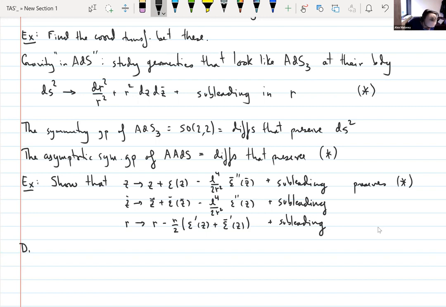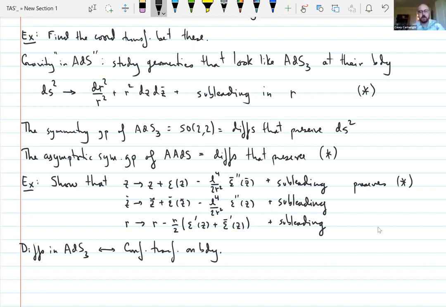So you can see that diffeomorphisms in the bulk that preserve this asymptotic structure of the metric are generating conformal transformations on the boundary. And in particular, we don't just get the rigid conformal group, which was the full set of isometries of AdS, but you now also get the local conformal group, which is the set of asymptotic symmetries of AdS.